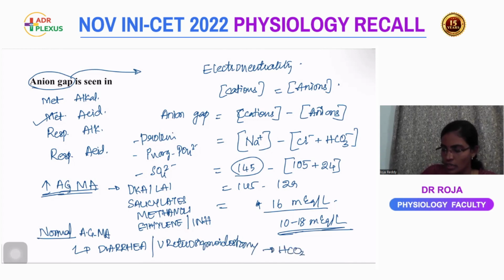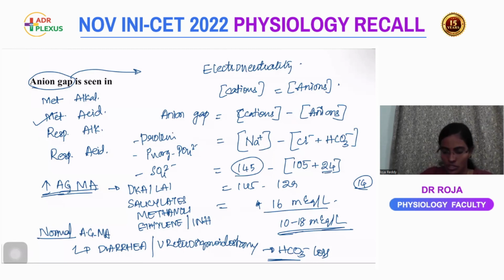There is loss of bicarbonate. If bicarbonate, instead of being 24, comes to, for example, 14, what will happen to the anion gap? It should increase. But what will happen here is there will be a compensatory increase in the chloride level.